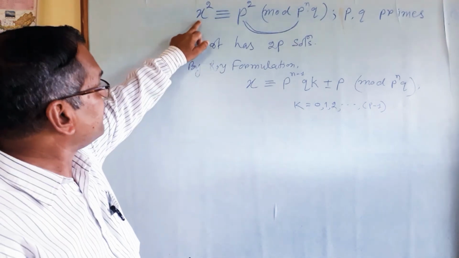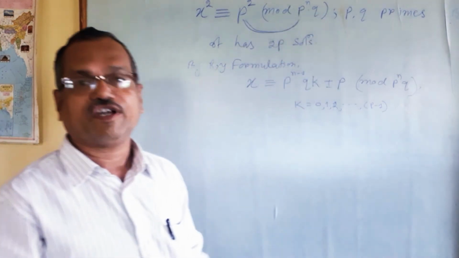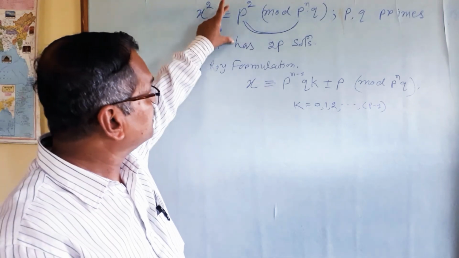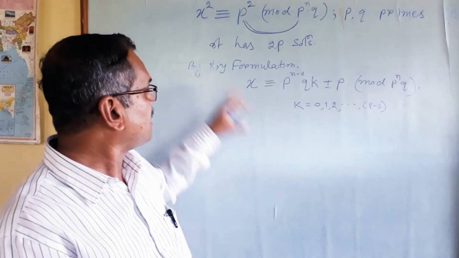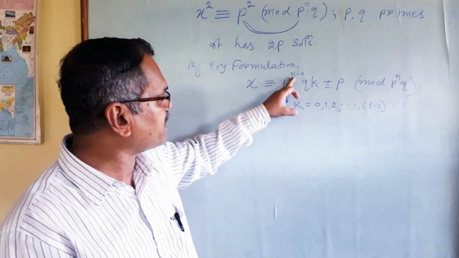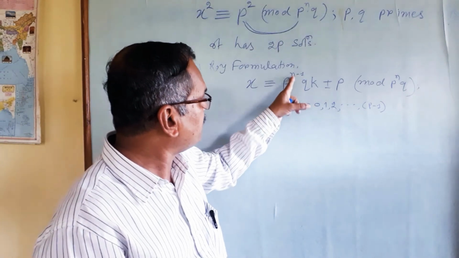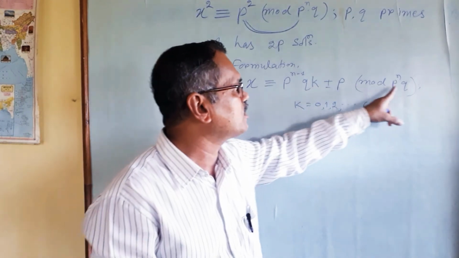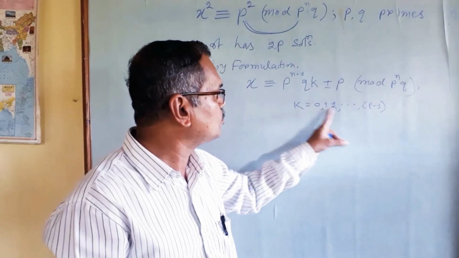Our congruence is x square congruent to p square mod p power n q, when p and q are distinct odd primes, and it has 2p solutions. This p is doubled, giving 2p solutions, and the formulation given by Roy formulation is x congruent to p power n minus 1, where this power is 1 less than n, into q k plus minus p mod p power n q, and that k is from 0 to p minus 1.